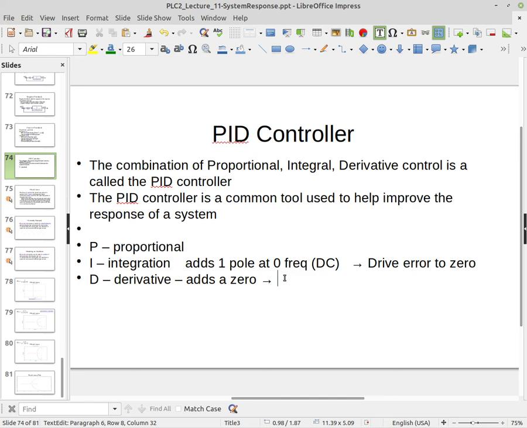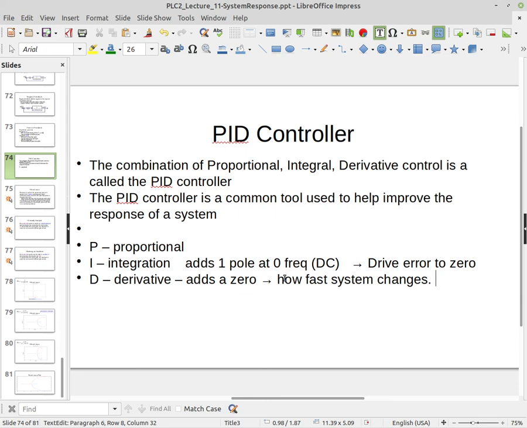However, if you increase the gain for your derivative piece too much, it's very easy to drive the system unstable. A derivative looks at how fast the system is changing.